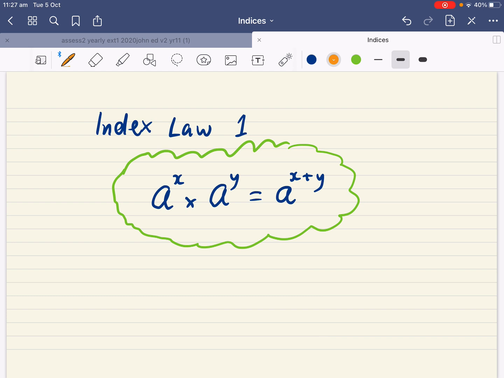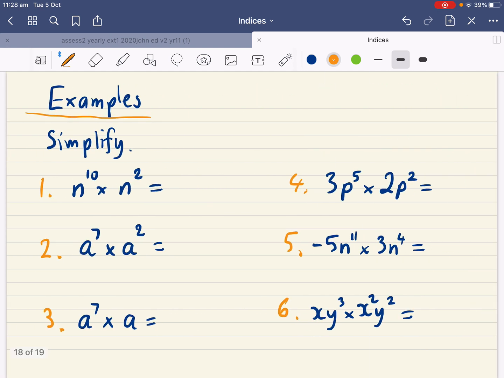Here you've got a to the x times a to the y. When multiplying them, notice you still are left with the a there, right? The a hasn't changed, and all you're doing is just adding the 2 indices together. So that is officially index law number 1, and it's nothing new. It's just a shortcut that we can use when multiplying.